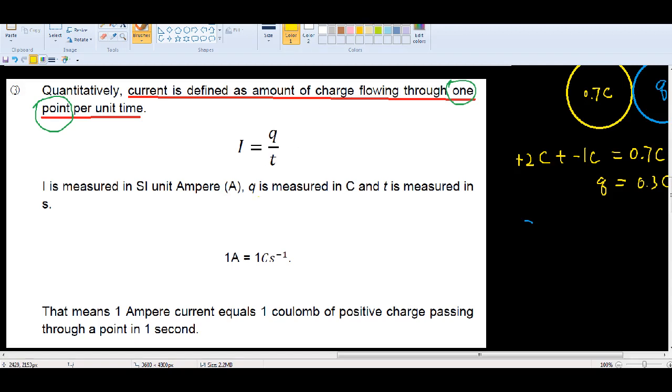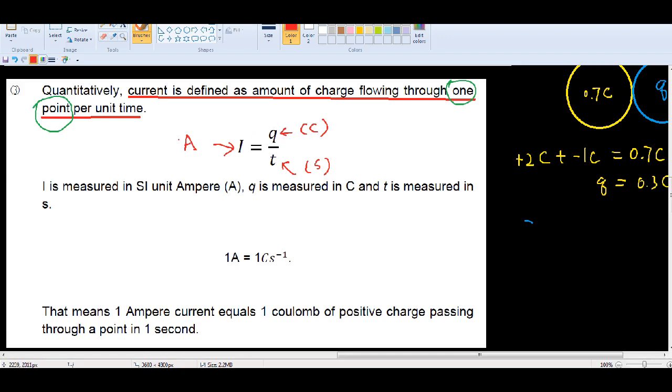All right, and you need to be aware of the units as well. For Q, the unit will be coulomb. T will be second, and I is a unit called ampere. Possibly you have learned that before.